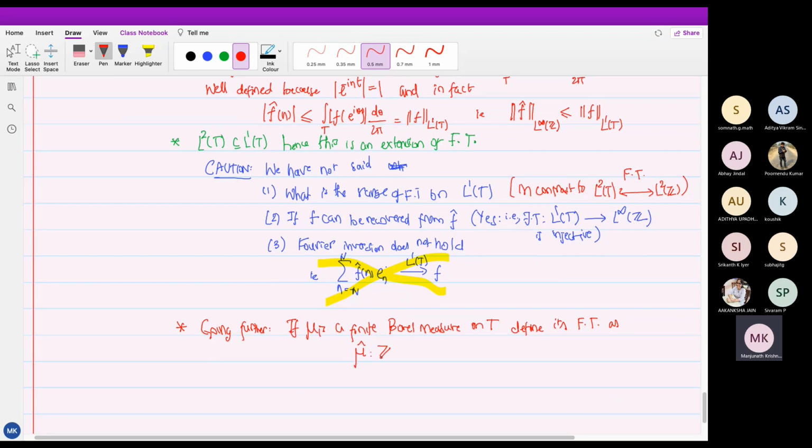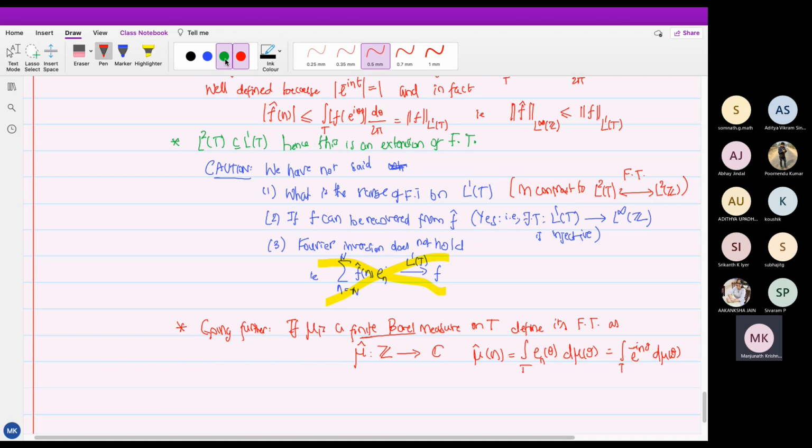It's a function again from integers to complex numbers, defined as mu hat of n is the integral with respect to mu of e_n bar. You can define this since it's a finite Borel measure. So this is a bounded function. You can certainly integrate a bounded function with respect to a finite measure. So this is called the Fourier transform of mu.